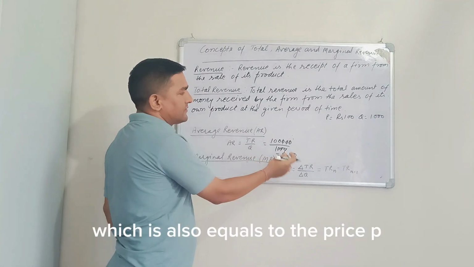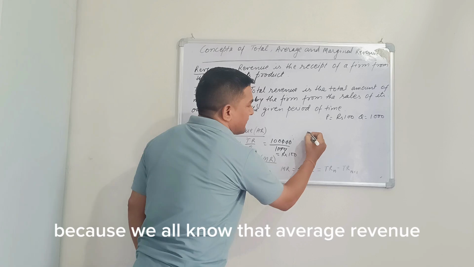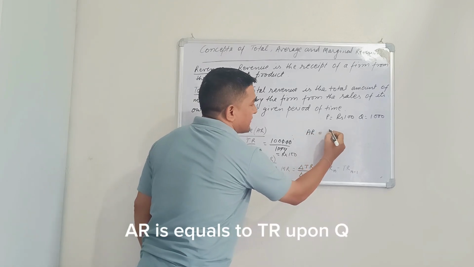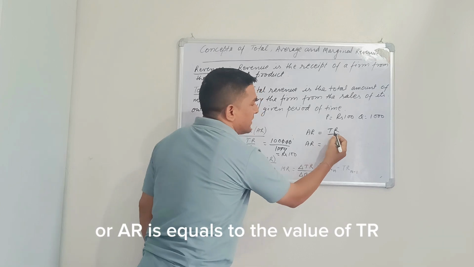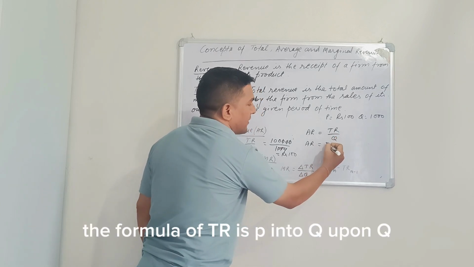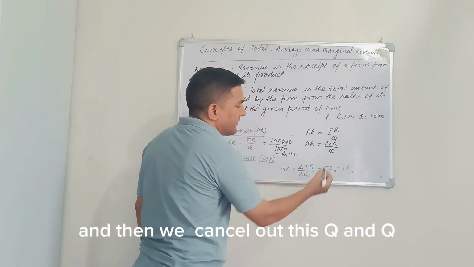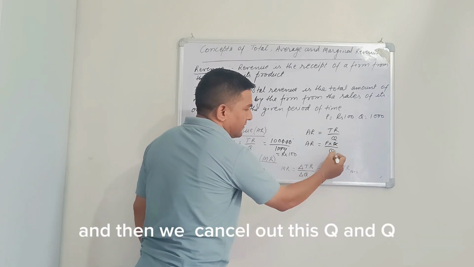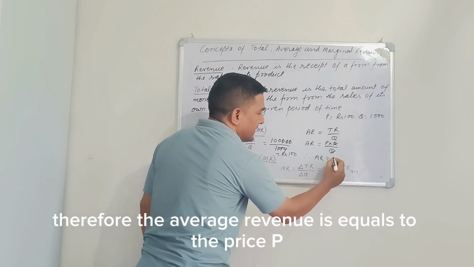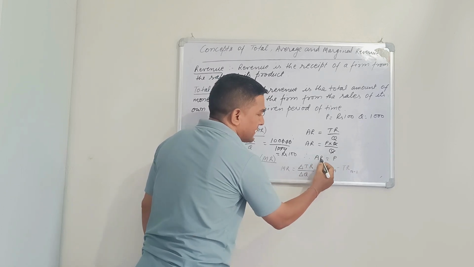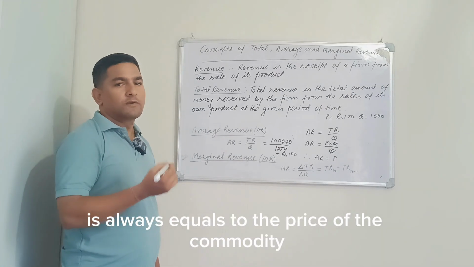That means the average revenue is 100, which is also equal to the price P, because we all know that average revenue AR is equal to TR upon Q. The formula of TR is P into Q, so AR is equal to P into Q upon Q, and then we cancel out this Q and Q. The remaining here is P. Therefore, the average revenue is equal to the price P. That means we should understand that average revenue is always equal to the price of the commodity.